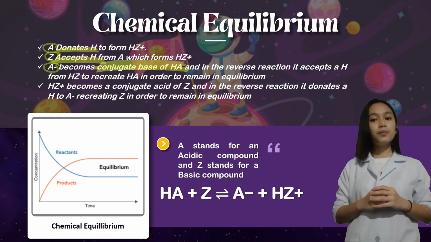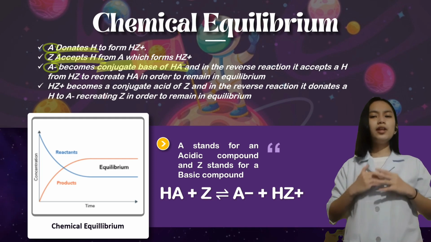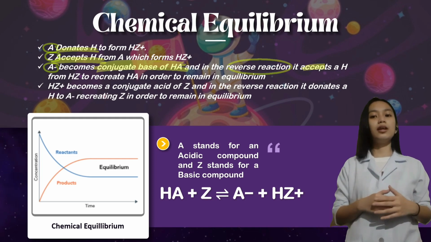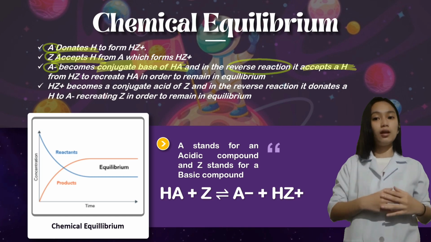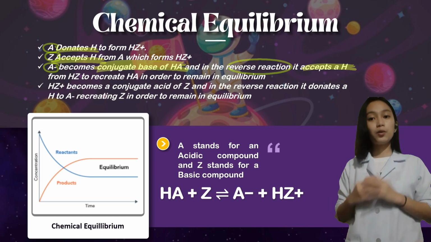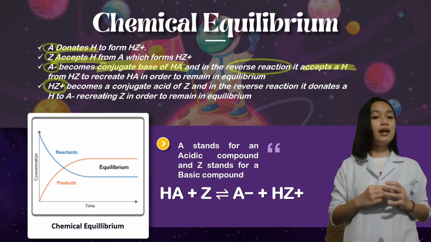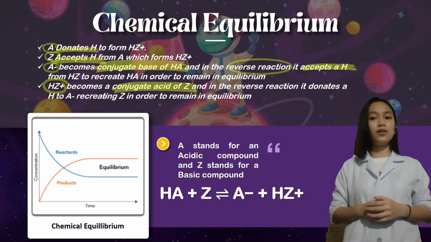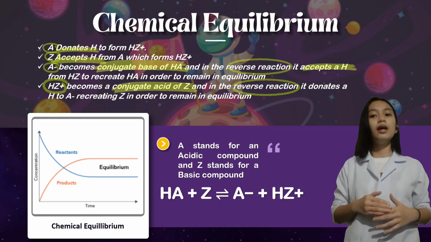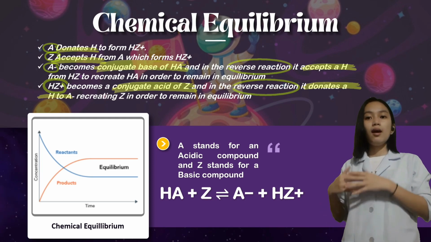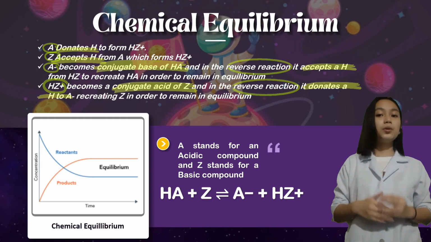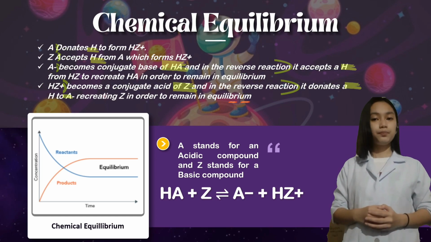And A ion becomes the conjugate base of HA, and in the reverse reaction, it accepts an H from HZ to recreate HA in order to remain in equilibrium. And lastly, HZ ion becomes the conjugate acid of Z, and in the reverse reaction, it donates an H, recreating Z in order to remain in equilibrium.